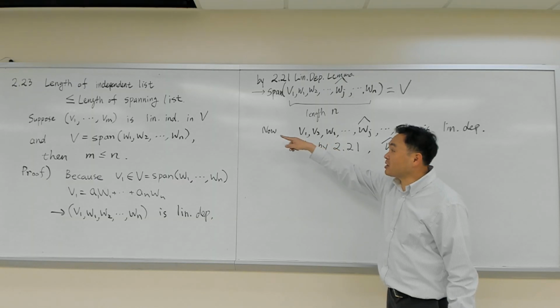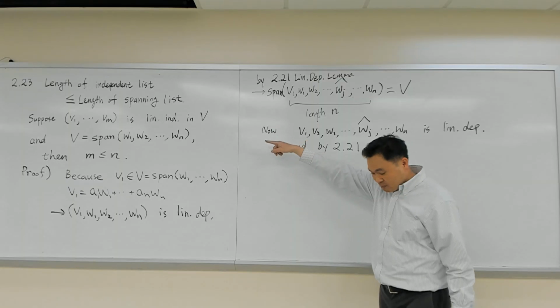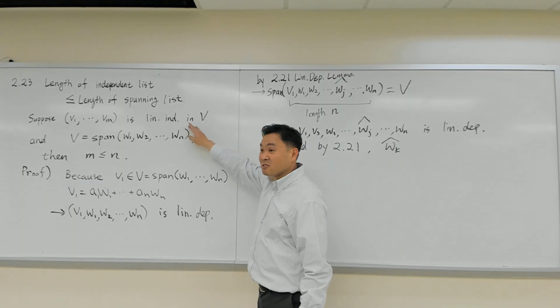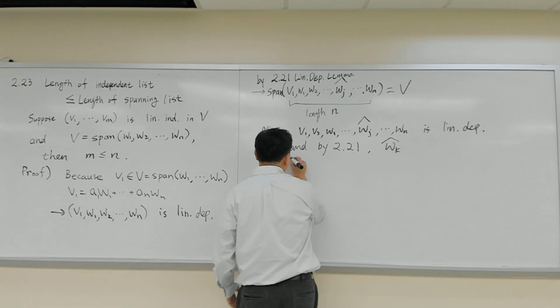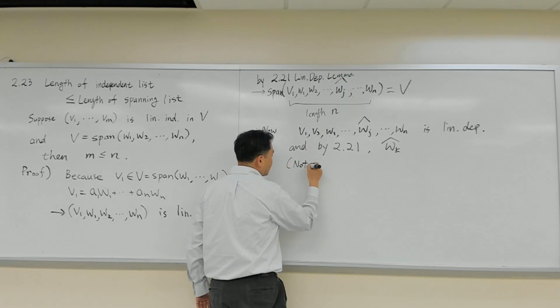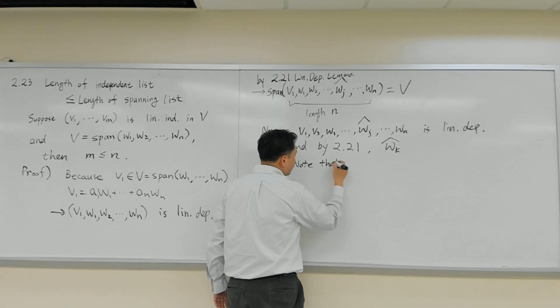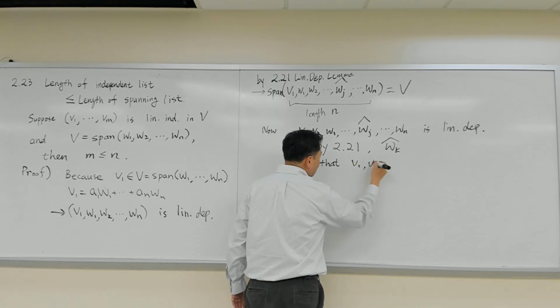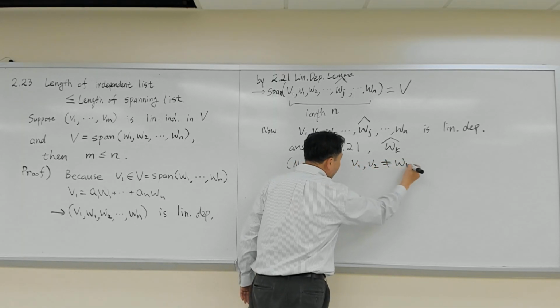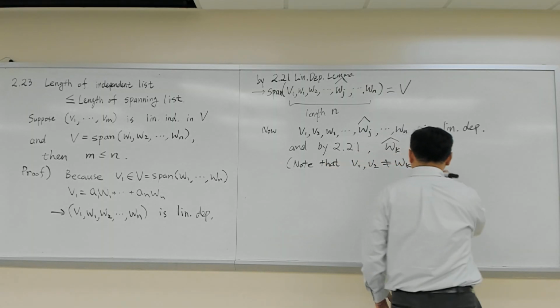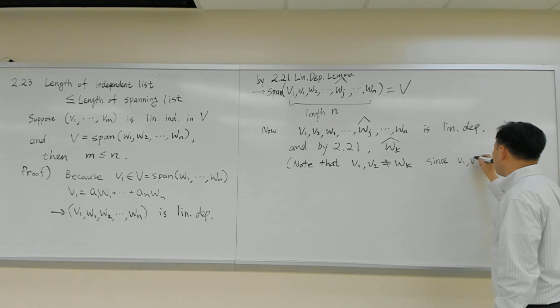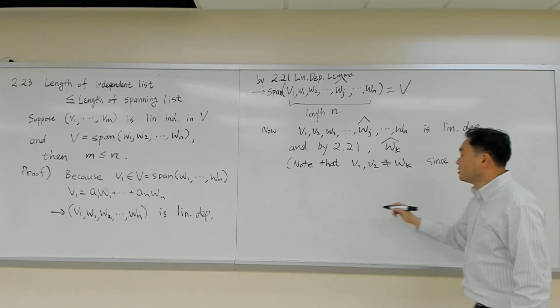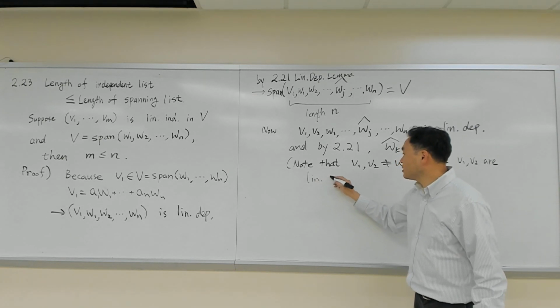But we know the condition is that this list is linearly independent. So note that V1, V2 cannot be Wk, since V1, V2 are linearly independent.